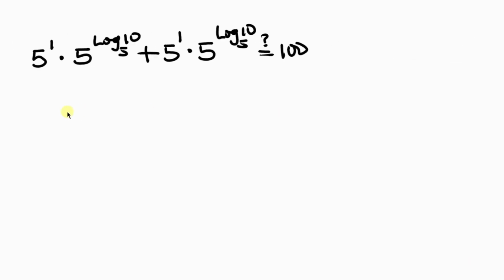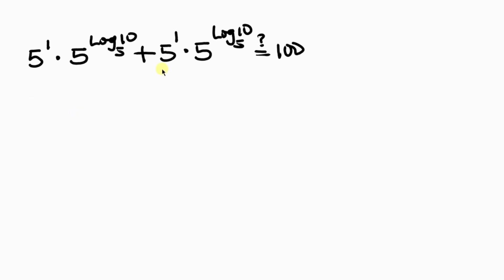Very good. Now, let's apply one more property of logarithm. The one that says that if I have, for example, x to the power of log y base x, this is equal to y. The reason is because when the base here and the base here are the same, the value will be y. Good.